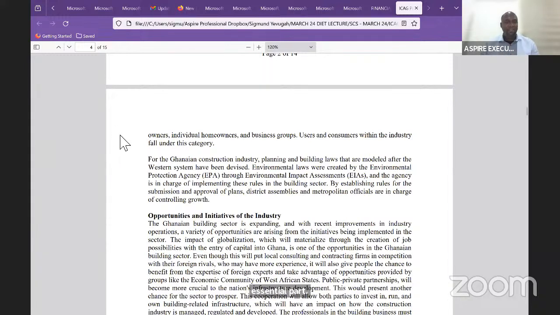Now, for the Ghanaian construction industry, planning and building laws are modeled after the Western system, and the environmental laws were created by the Environmental Protection Agency, which is in charge of implementing these rules in the building sector by establishing the rules for submission and approval of plans. So definitely there's some form of regulation there, and this can fall under the legal factors. If you are looking at PESTLE, this will fall under the legal factors.